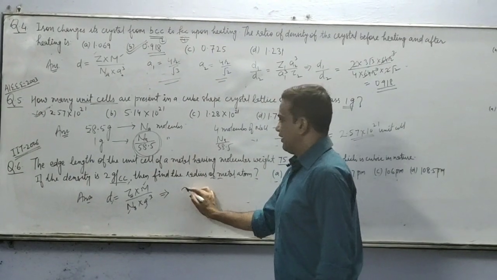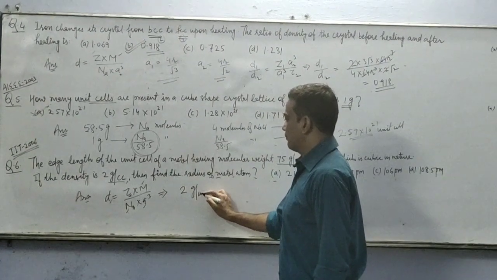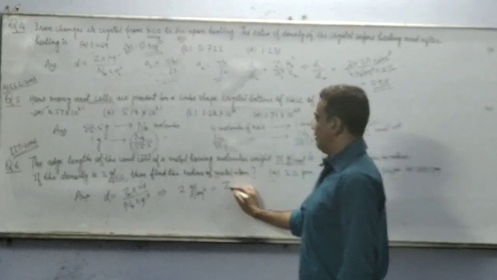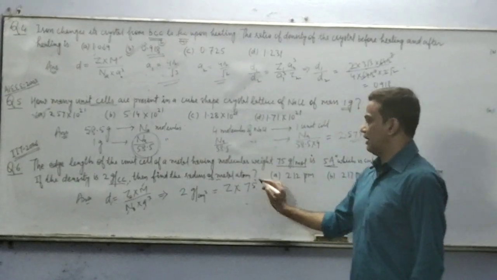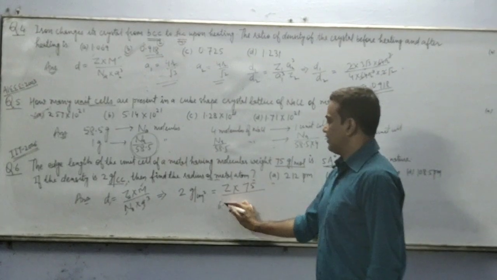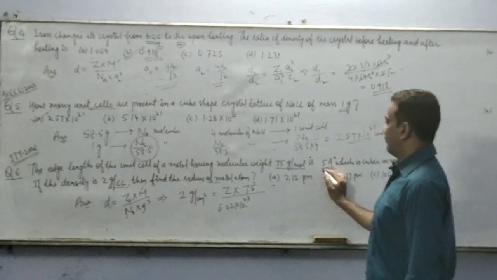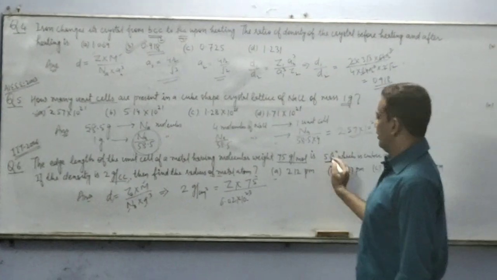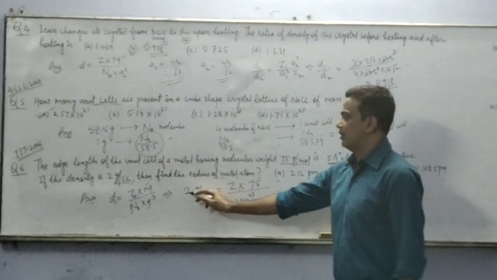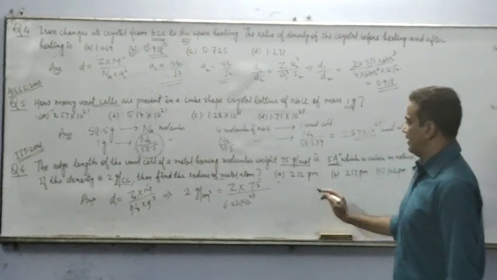Putting the value, density 2 gram per centimeter cube. We have to find Z, molar mass 75, Na 6.02 into 10 raised to power 23, and now A is given in angstrom. You have to convert it into centimeter because density is given in gram per centimeter cube.